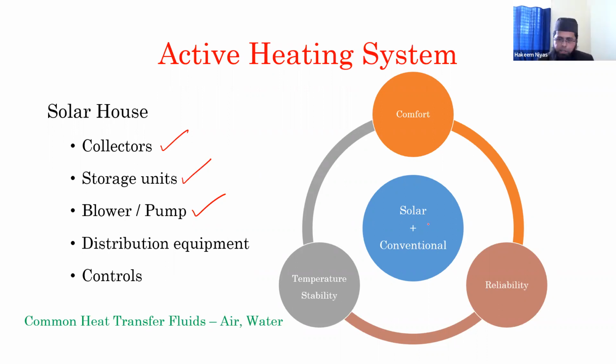Normally, solar-alone units are not recommended. We can have a smaller conventional system like a gas unit to afford reliability, because we can be fully reliable only if we have an auxiliary system attached to the solar system.